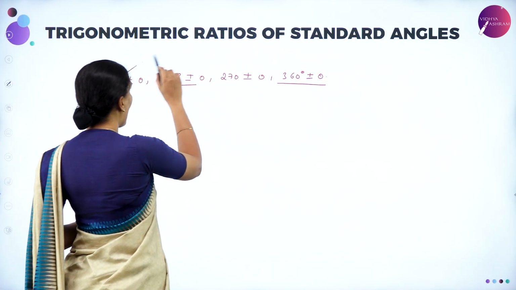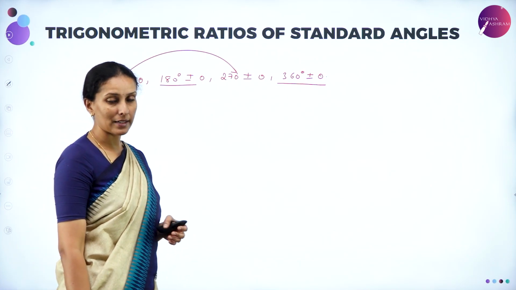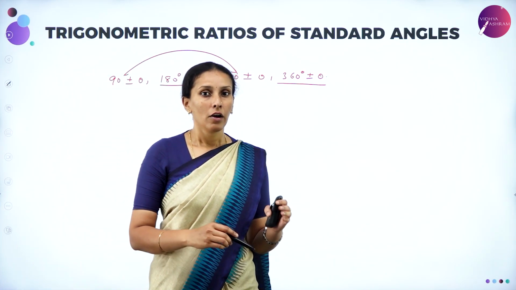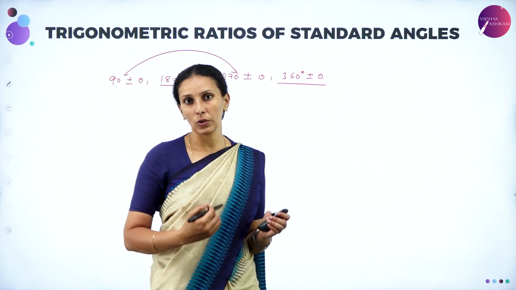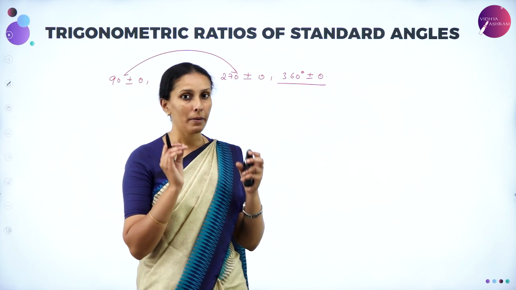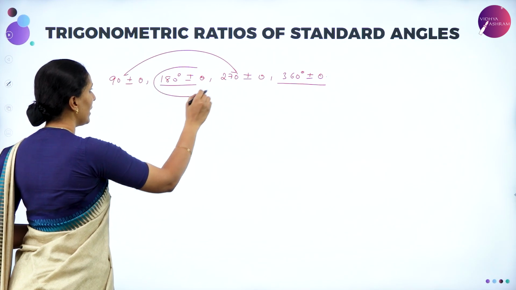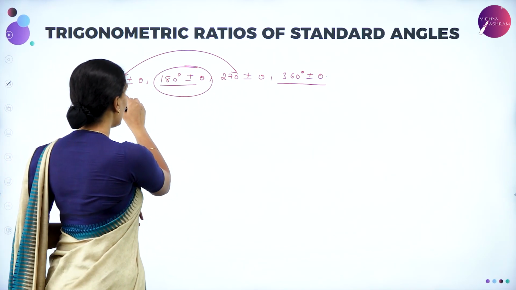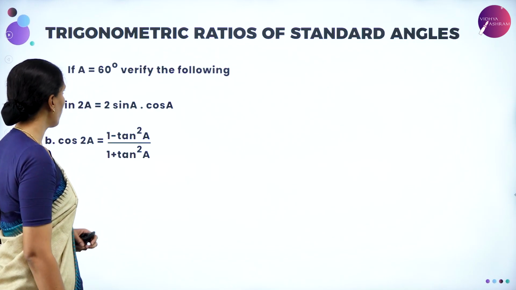But whenever the angles are written in the form of 90 or 270 plus or minus theta, the function changes to the co-function along with the ASTC rule depending upon the sign, which we will study in allied angles. But for now, for your reference, just remember any angle can be written as a sum of any of these standard angles. Now let us take a few problems.